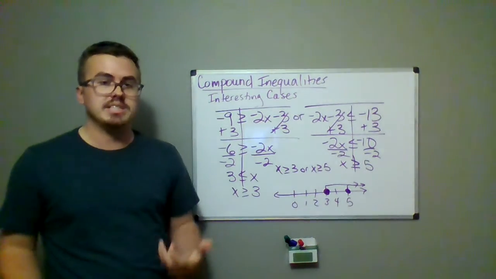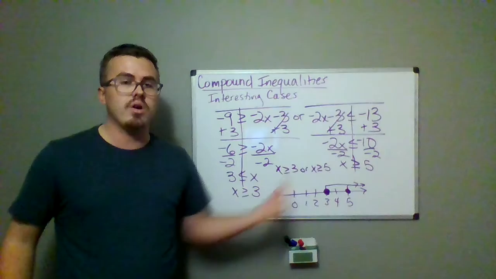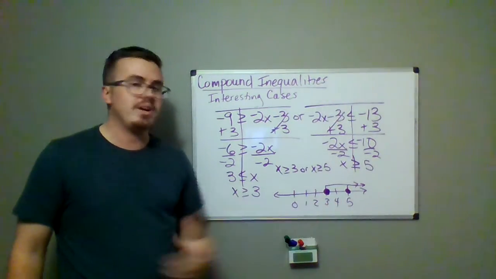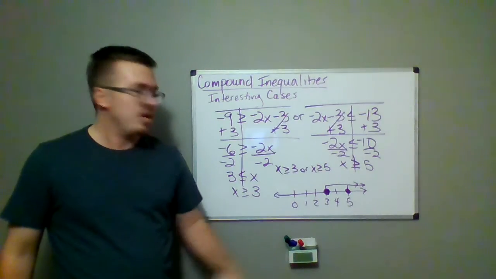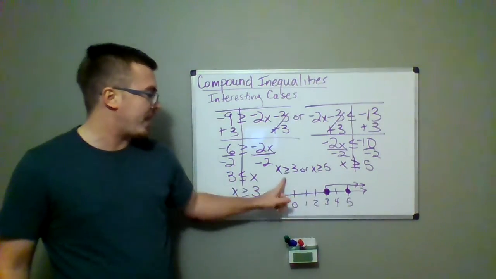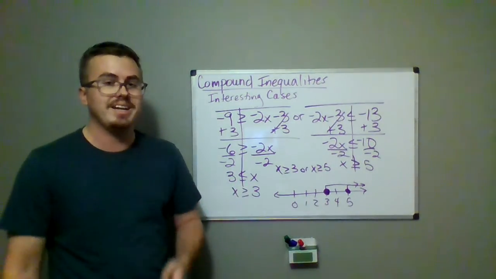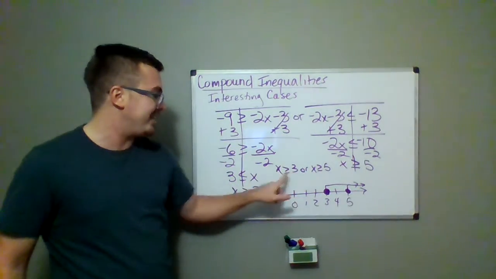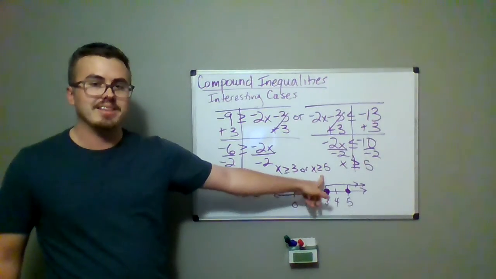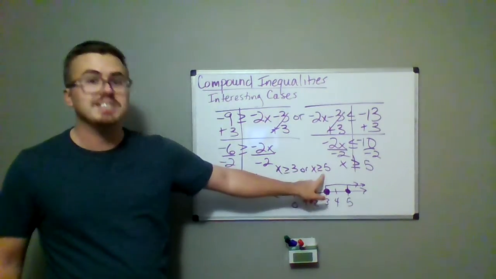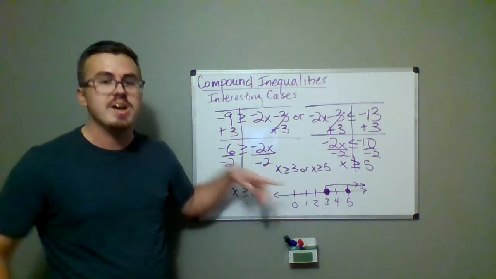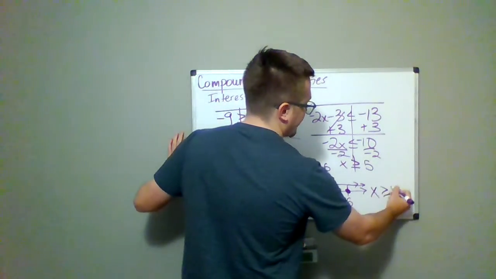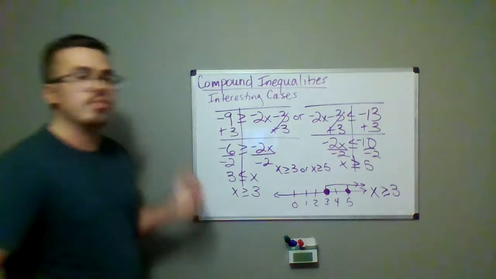Now, in order for this to be true, it has to be in either one of these. However, if we look at this here, what do we notice about the graph? Well, this first graph here, x is greater than or equal to 3, is going to satisfy everything. Because if it's in this one, it's going to be in this one too. Or if it's in this one, it's going to be in this one too. So the answer to this one is just x is greater than or equal to 3.